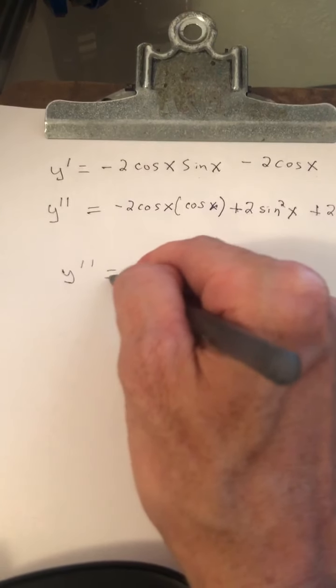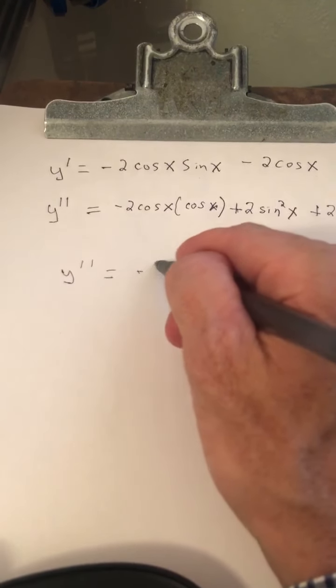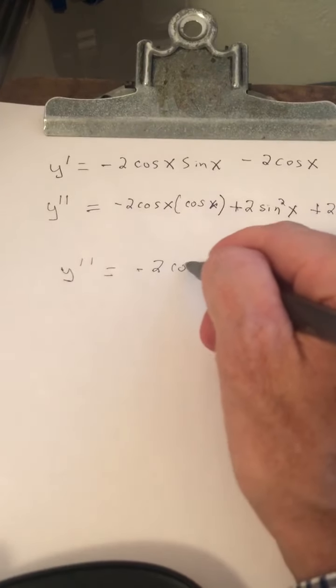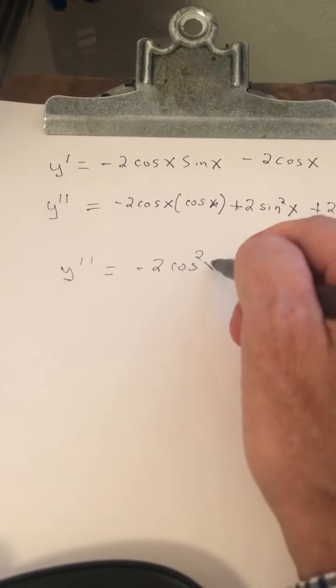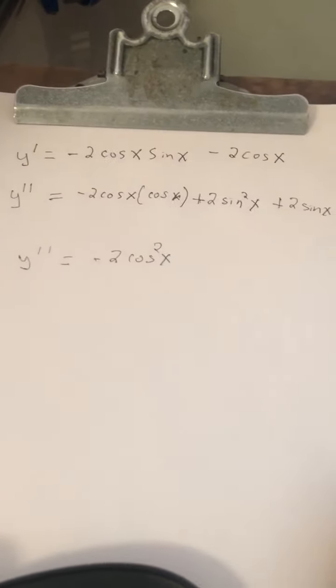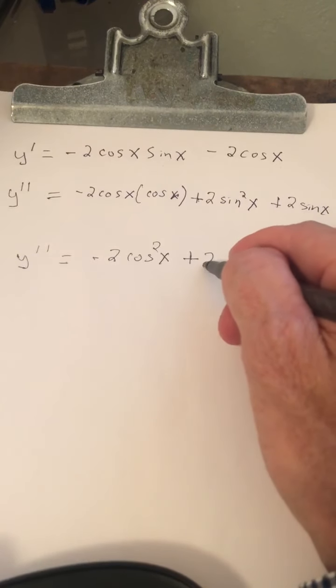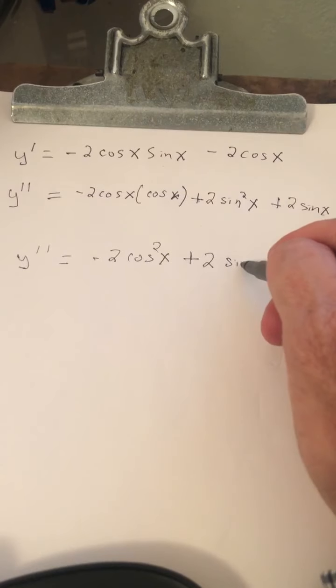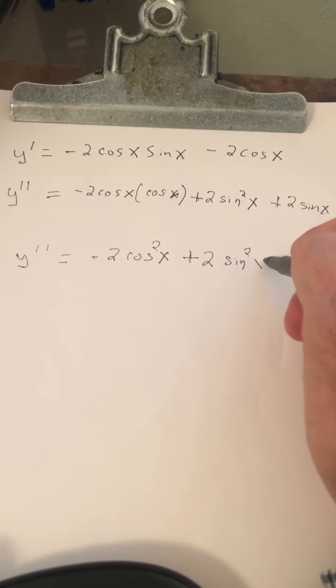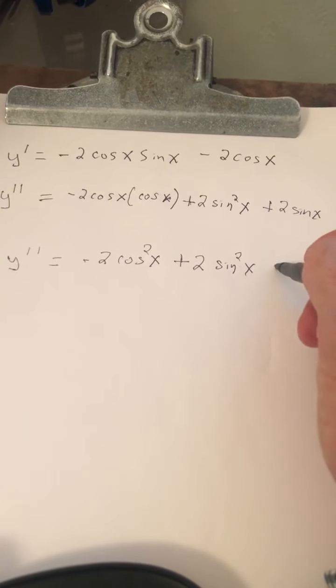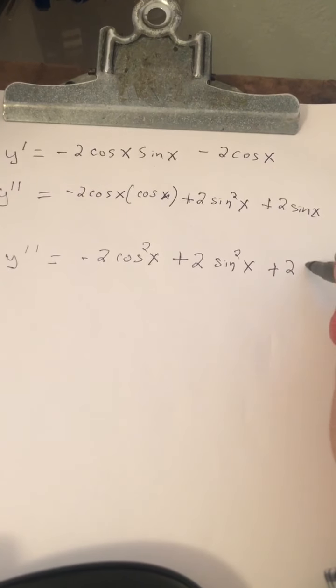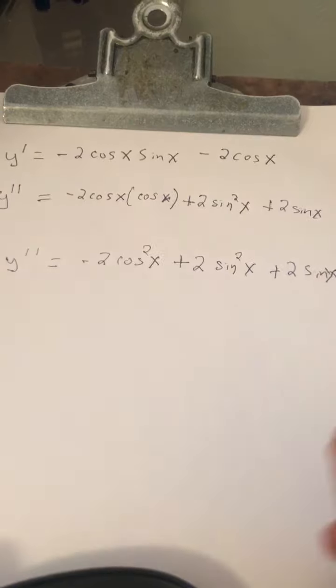The second derivative is negative 2 cosine squared of x plus 2 sine squared of x plus 2 sine of x.